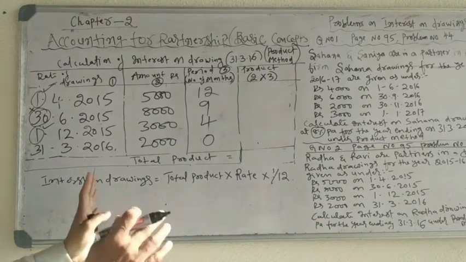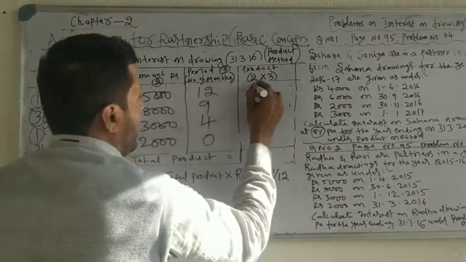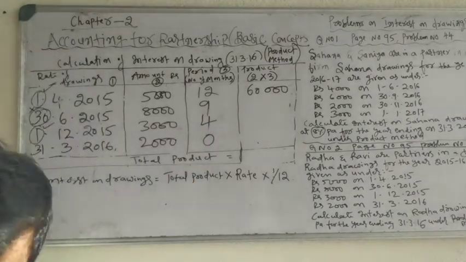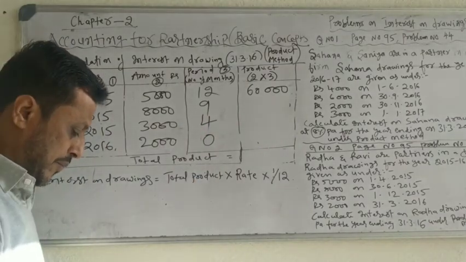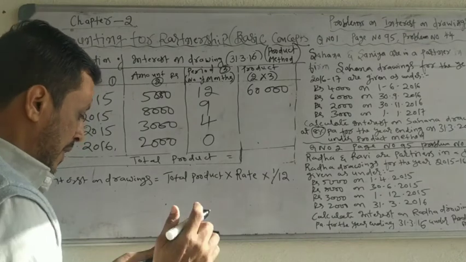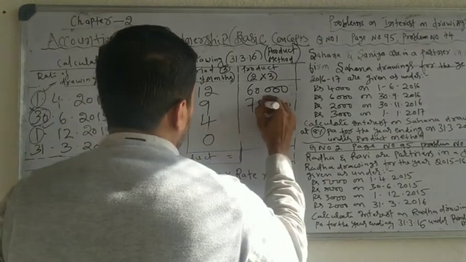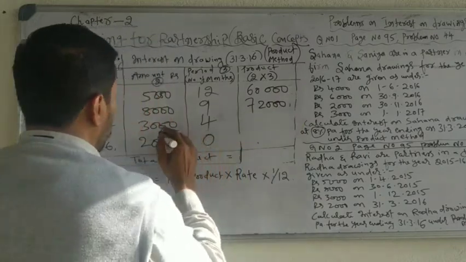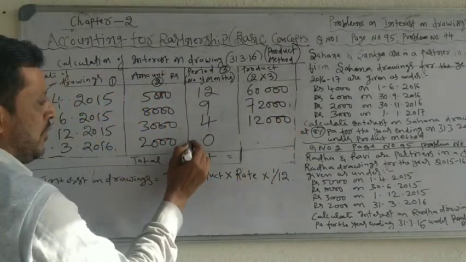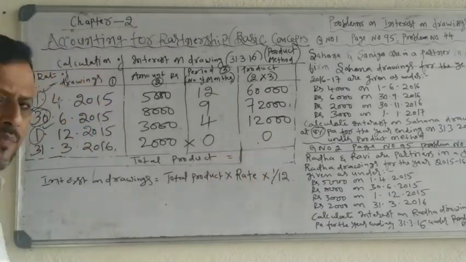Okay, now we have to multiply. 5,000 into 12, 60,000. 8,000 into 9, 72,000. 3,000 into 4, 12,000. 2,000 into 0, 0.